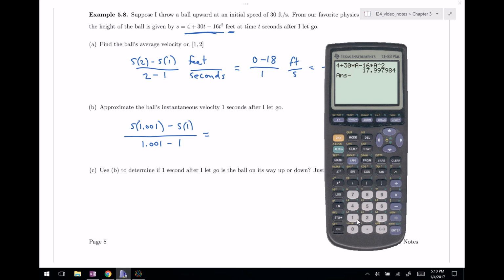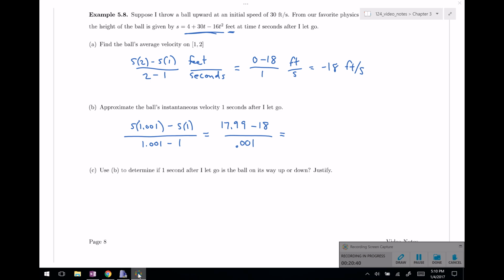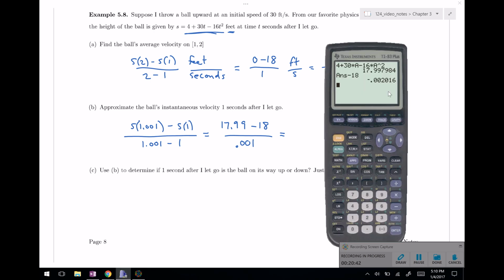Now I'm going to subtract away 18. There we go. Let me go ahead and write some of this down. So this is 17.99 and change minus 18. That change is really going to make a difference though, so that's why I'm keeping it exact on my calculator, because again, it will really make a difference here.